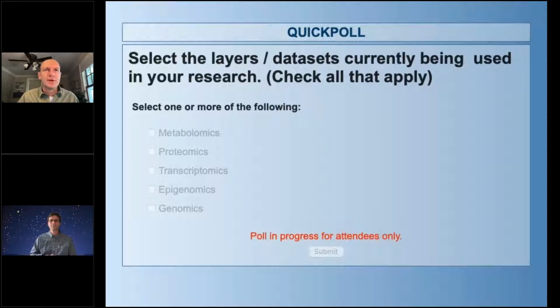This is the first question, which is what are you currently using in terms of the layers of multi-omics? And you can choose all that apply. Okay, I'm going to give it a few more seconds.